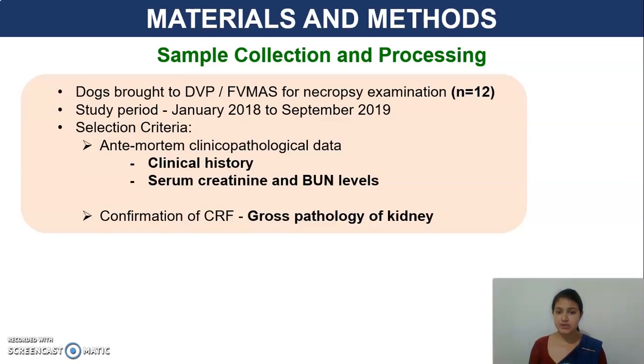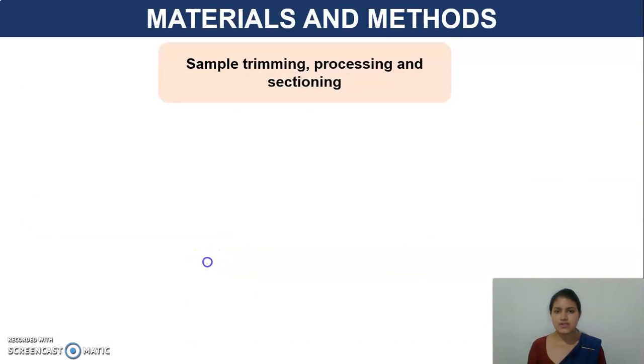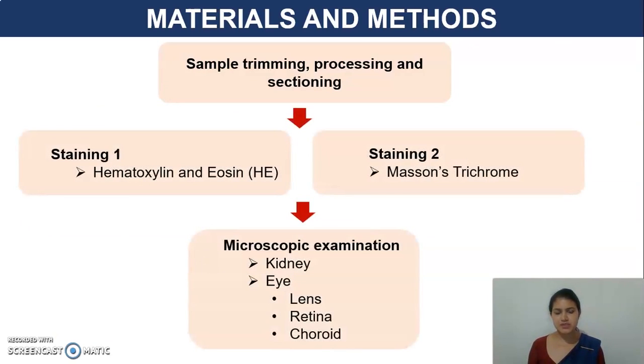Following selection by using clinical history supported with serum creatinine and BUN levels, chronic renal failure was confirmed using gross lesions, and the collected specimens were then fixed in formalin for 48 hours. Following sample processing, the specimens were stained with HE for identification of general lesions and later with Mason's trichrome staining to confirm specific lesions like fibrosis.